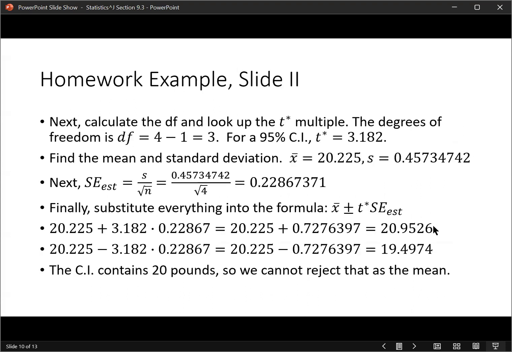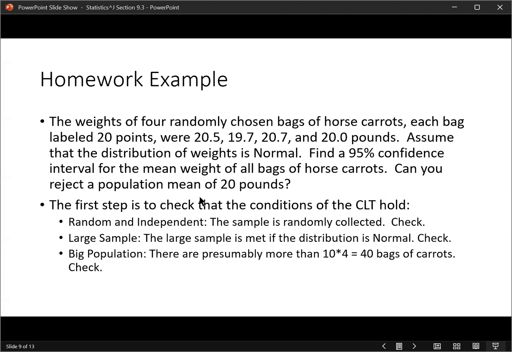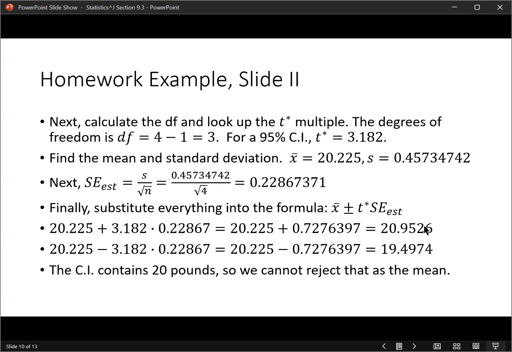If this is your 95% confidence interval, and you're 95% sure that the mean for all of the bags of carrots is between 19.5 and 20.95, then you certainly cannot reject the possibility that the mean is 20 pounds, because 20 pounds is in that range.